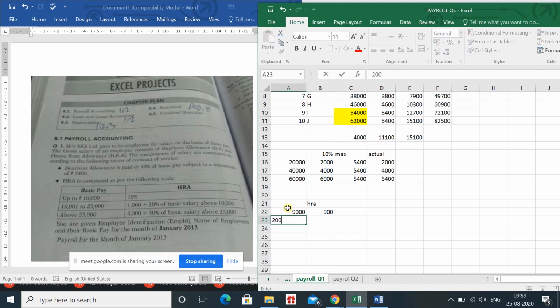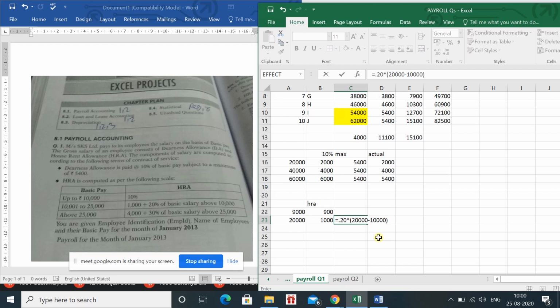But if your salary is 10,000 to 25,000, in that case we will pay you a fixed amount, that is 1,000, plus 20% of the salary which is in excess of 10,000. So what will be the amount? 20,000 minus 10,000, bracket close.